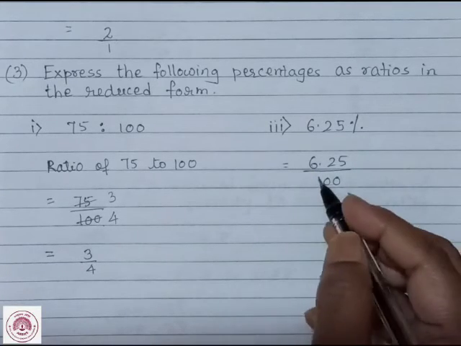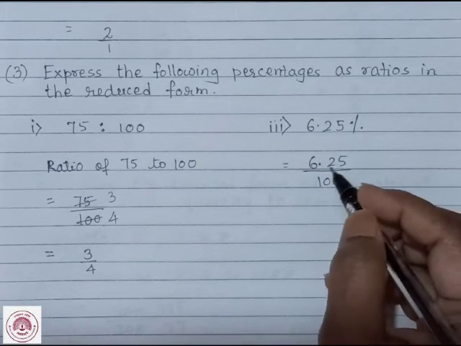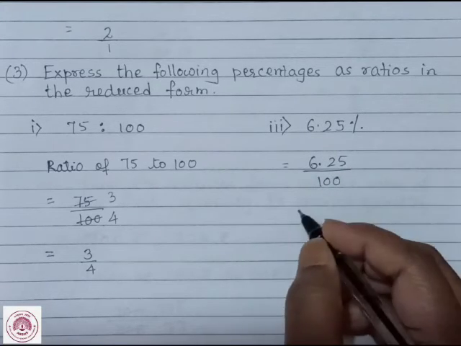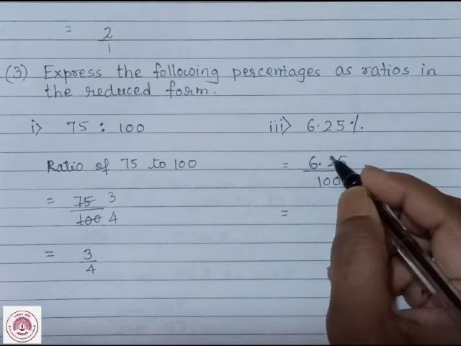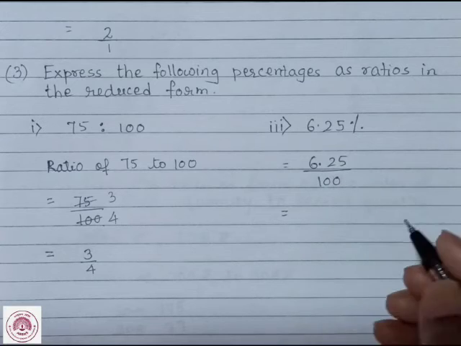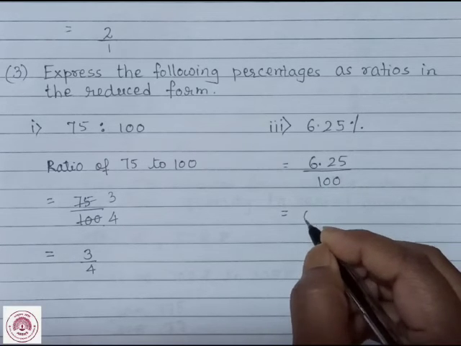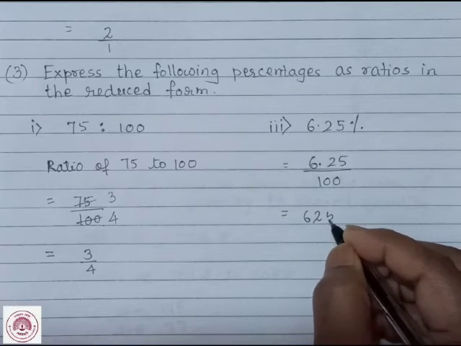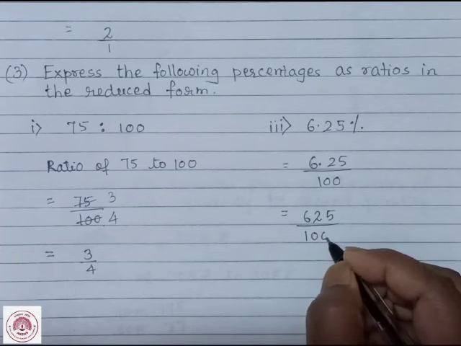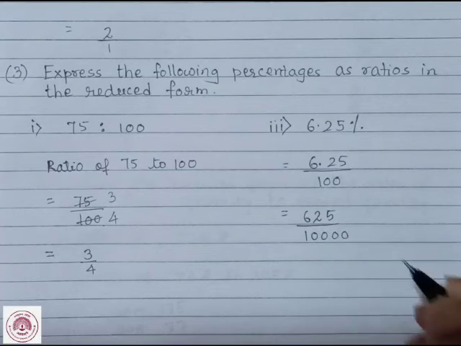So to find the reduced form of this ratio, we have to first remove this decimal point. Now as the decimal point is after 2 places, we have to add 2 zeros in the denominator. So after 100 we can add 2 more zeros, so it will become 10,000.